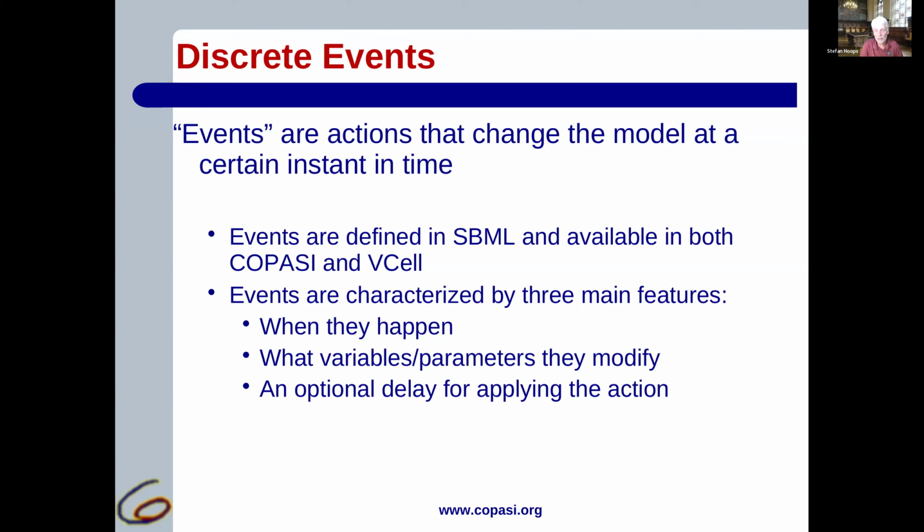Events have three main features. One is you need to define when they happen. You also need to define what needs to be modified. That can be variables or parameters of the system. There is an optional delay for an action, and you need to define what's supposed to happen to those parameters and variables.